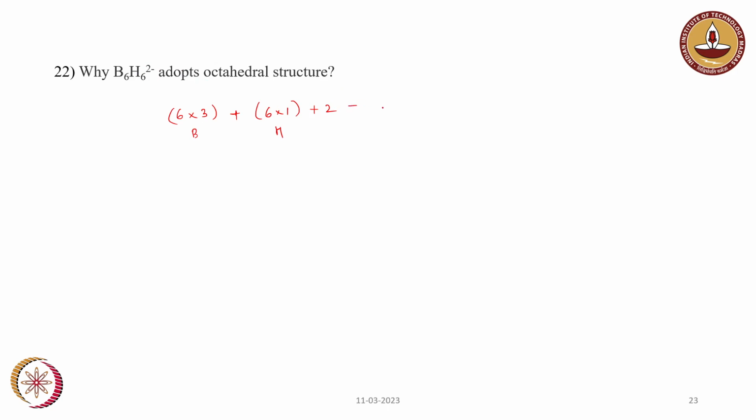Then 6 BH units are there, so minus 6 into 2. So total will be 18 plus 6 plus 2 minus 12, that is 14. So SEP is 14 by 2, that is 7, which is n plus 1. And so the expected n is 6. We have B6.